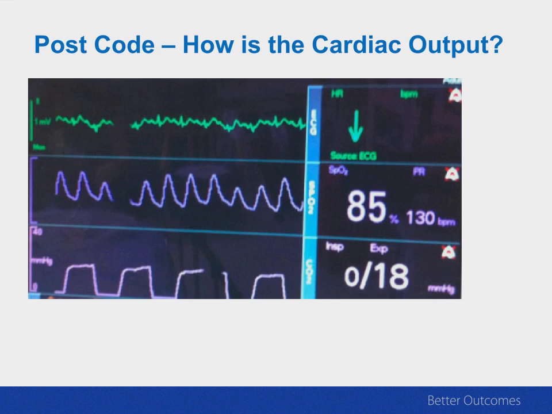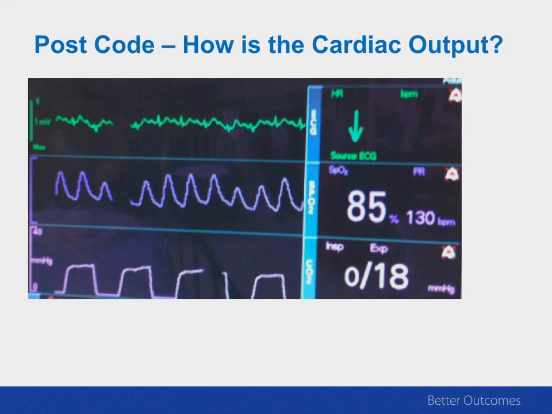We can actually even use this post-code. This is a screenshot. I don't think it's real clear, but if you look in the bottom right corner where it says the expired CO2 is reading 18, this tells us this person has a not very good cardiac output.